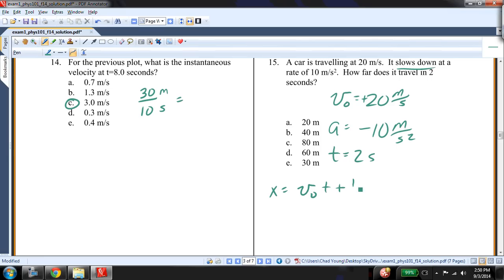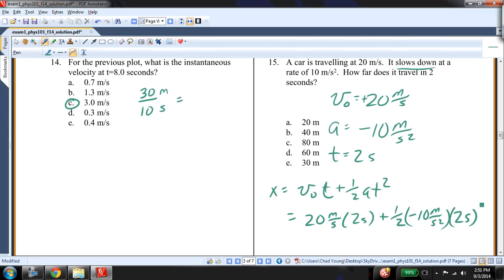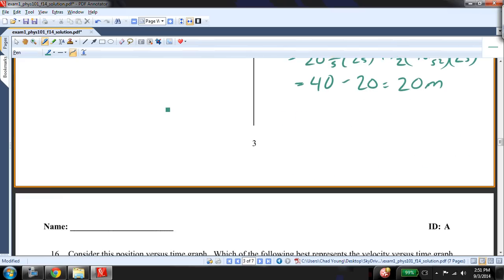V naught t plus 1/2 a t squared. That's going to be 20 times 2 plus 1/2 times negative 10. If you put positive 10 here, you'll get the wrong answer, obviously. 2 seconds squared. That's 40 minus 5 times 4, which is 20. That's 20 meters. So A is the right answer for number 15.